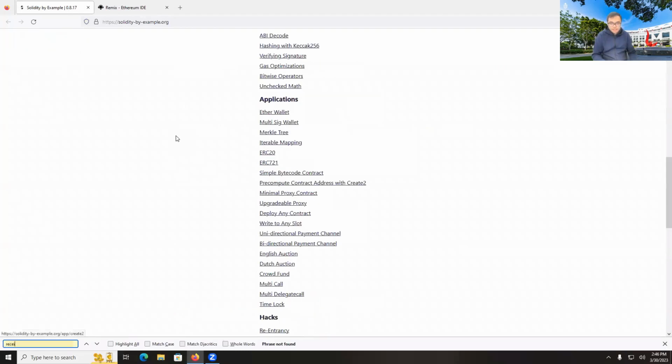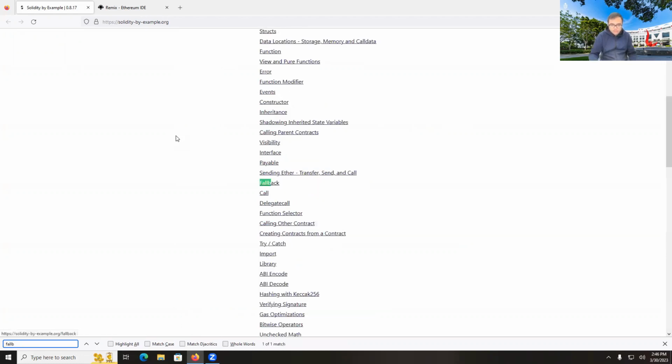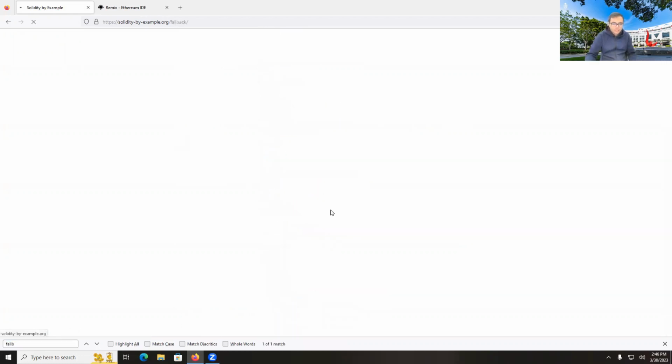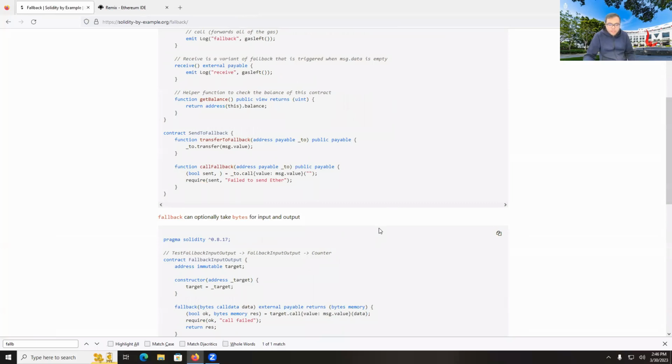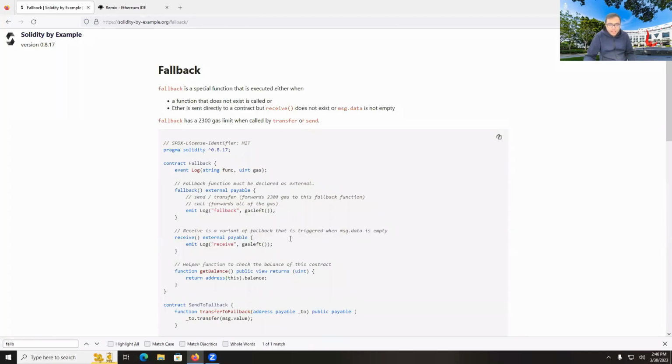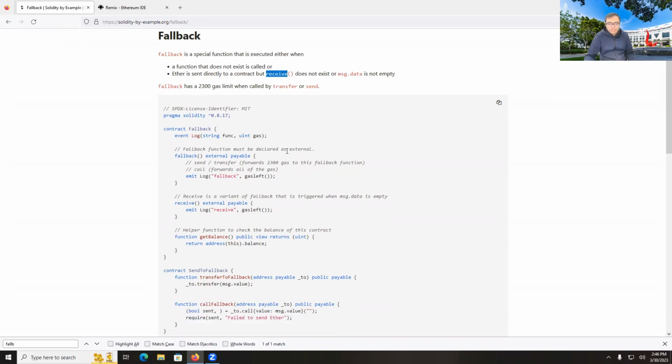So you can see examples of this in, yeah, oh, it went away, great. So you can have a function called receive in your contract. And if someone just sends money to your contract, it will automatically call the function receive.